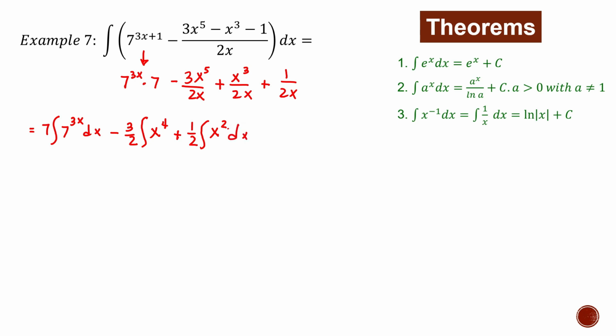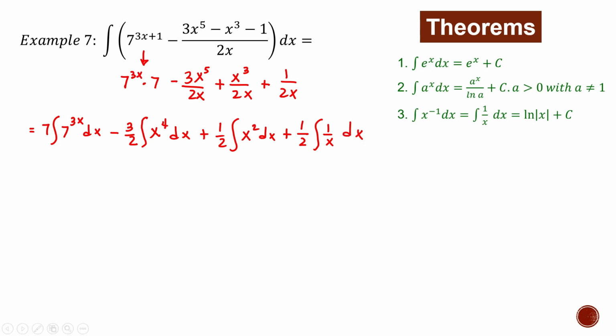I forgot the dx. Hold on. Forgot the dx here. So plus 1 half x squared dx, and then plus 1 half, then 1 over x dx.